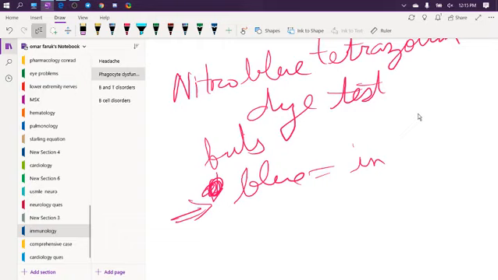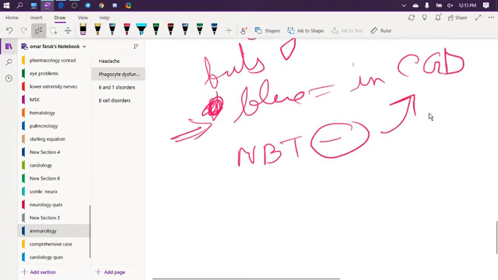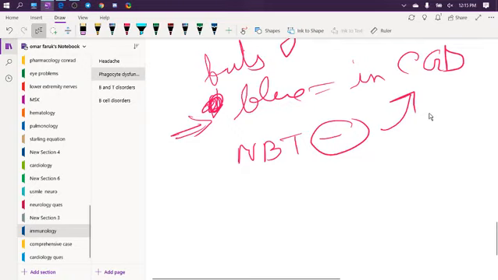So if the NBT is negative, it means the patient has the disease. If the NBT is positive, the patient doesn't have the disease. That is another thing you have to remember.